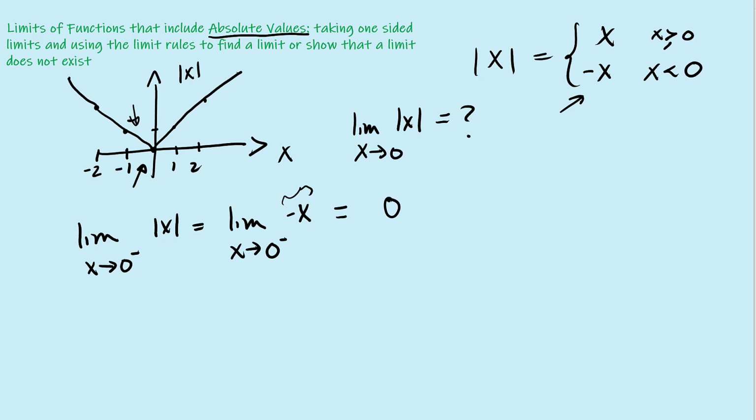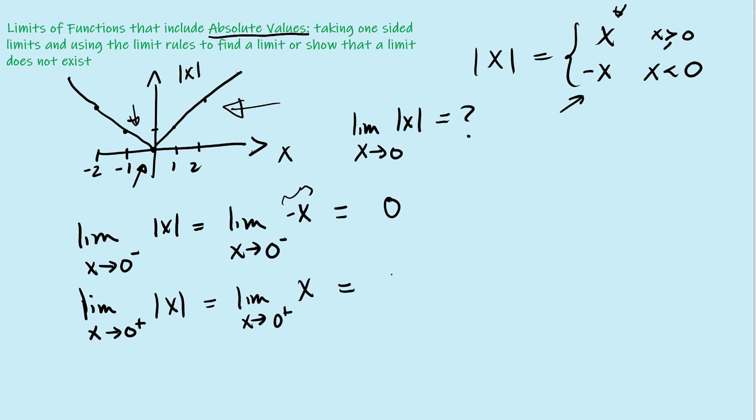We can actually substitute. What happens on the other side when we're going in this direction from the large x, or from the positive x to 0? Well, in this case, the absolute value is just equal to x right there. So we get the limit as x goes to 0 from above of x.